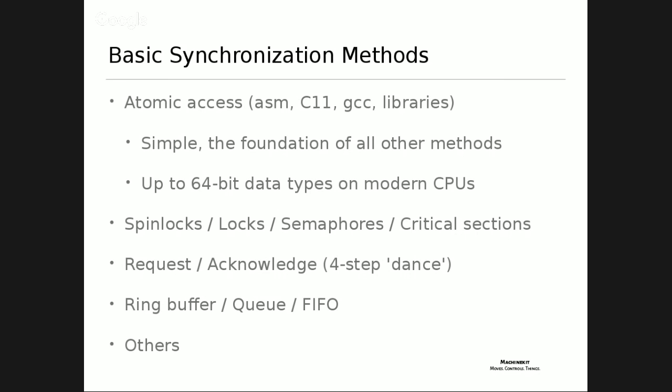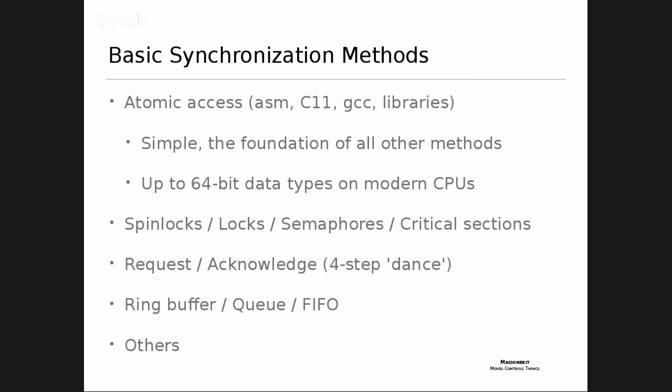So some of those sophisticated options are things like spin locks, other locks, semaphores, critical sections. Some of these can be what's termed lockless. You don't have to sit around and wait and poll a memory location. Others are. Spin lock is sort of the definition of a lock. There's a very classic request-acknowledge cycle, which is very robust, but also tends to be slow.